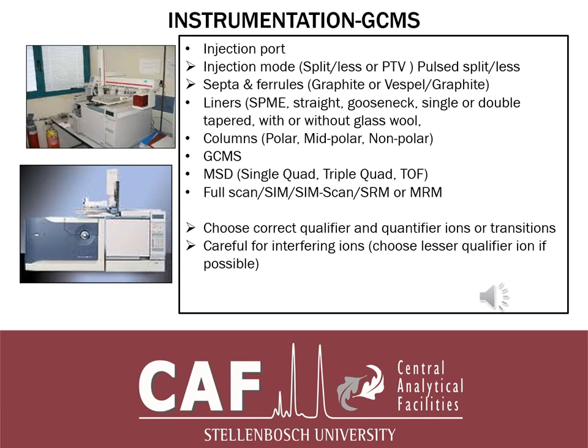You can operate a triple quad as a single quad, but you can't operate a single quad as a triple quad, because with a single quad you can only do full scan and SIM, which is single ion monitoring. With a triple quad you can do SIM, you can do SRM, you can do full scan, and sometimes you can also operate those instruments in both SIM and scan modes, where you don't lose the full scan possibility.